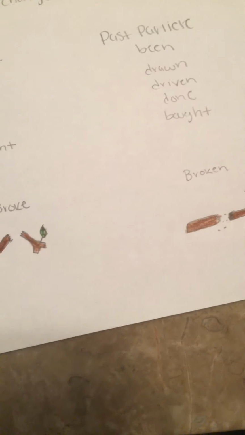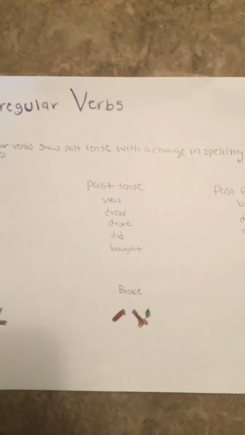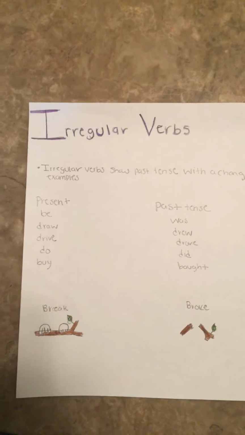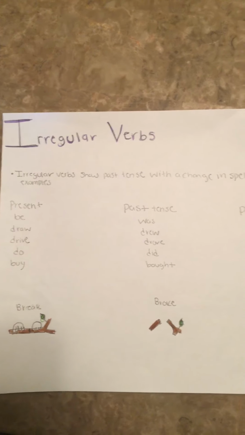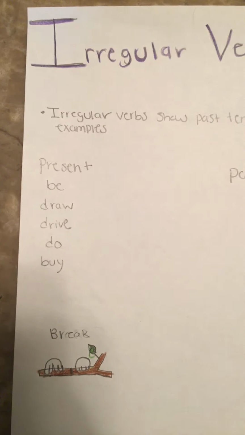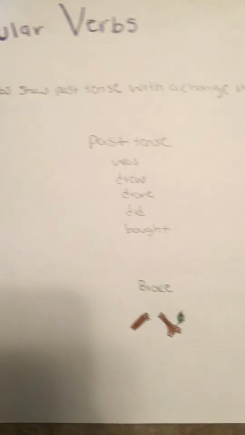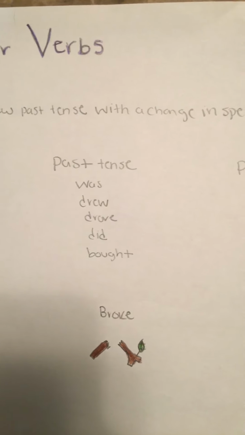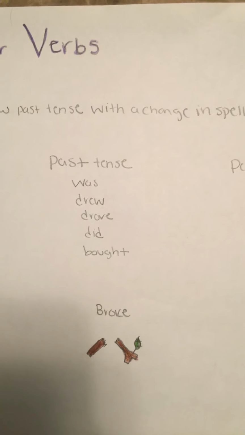And lastly, here are irregular verbs. Irregular verbs show past tense with a change in spelling. Here are some examples. The present forms are be, draw, drive, do, buy. The past tense of those words is was, drew, drove, did, and bought.